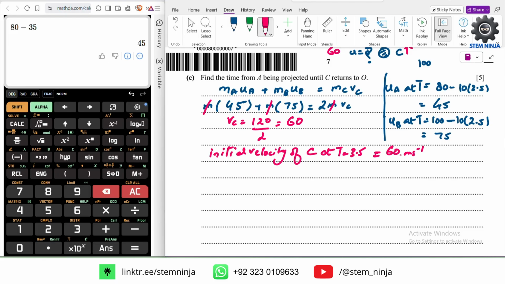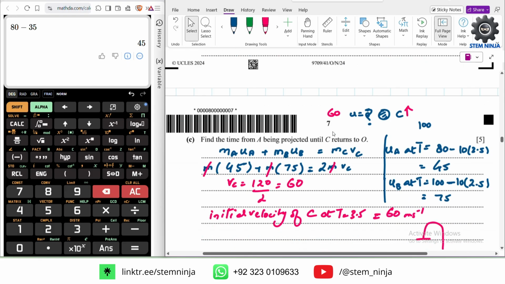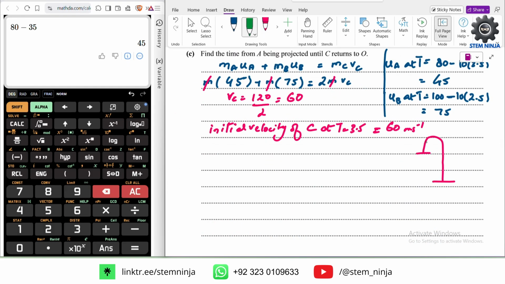So we need to know when it returns to O, and the displacement it covers is the net displacement, minus 218.75. So S is equal to ut plus half at squared.